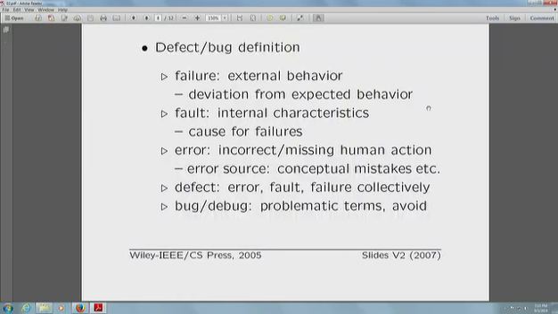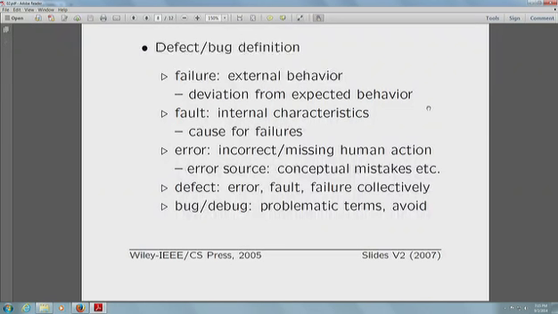One thing that is sometimes confusing is that in different sub-communities in computer science, such as the systems, network, and fault tolerance communities, the definitions of error, fault, and failure are somewhat different from ours. Failure, people pretty much agree, is a behavioral deviation. Fault is internal.